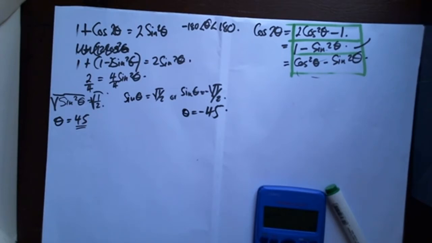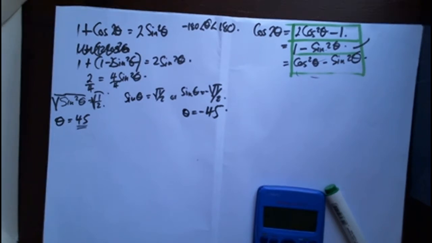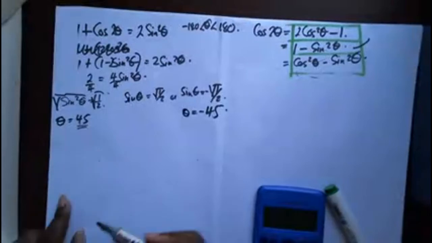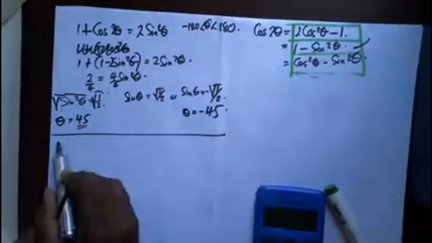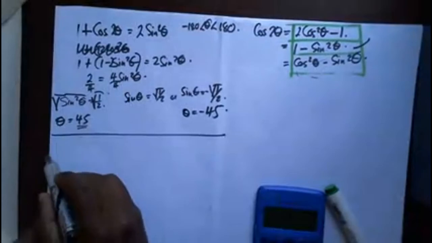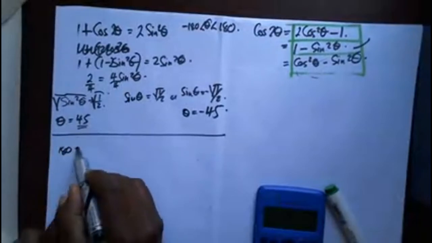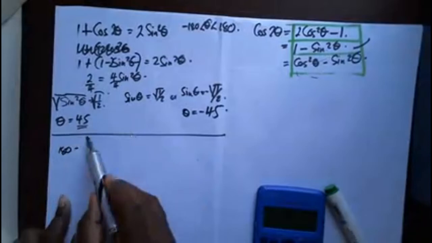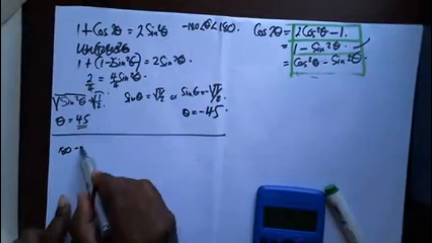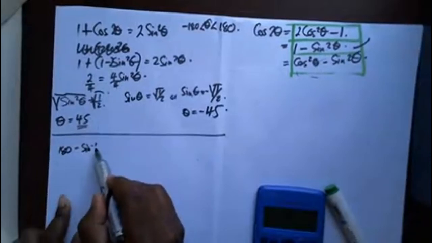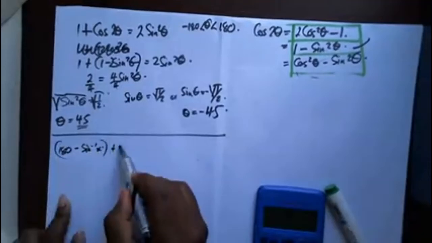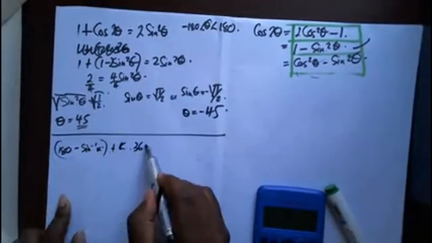If we look at the general solution for sine, remember, we said it can be 180 minus the principal value, which is shift sine negative x, plus k times 360.